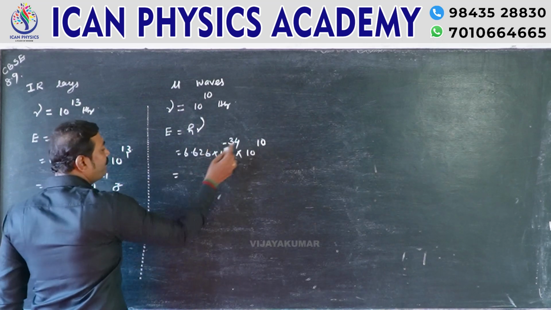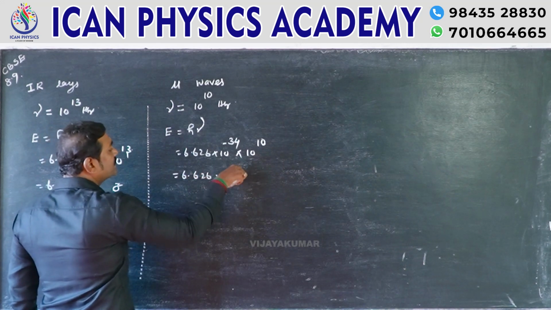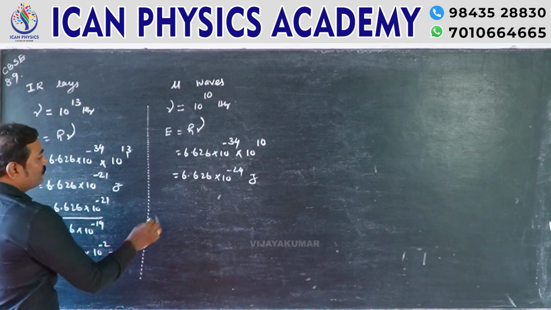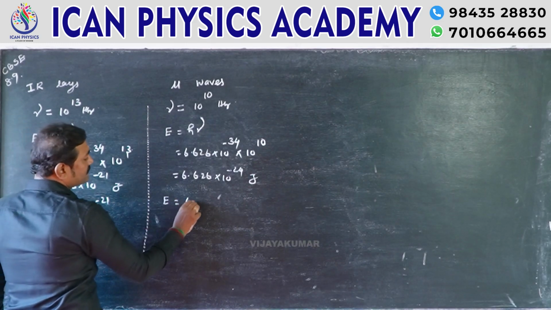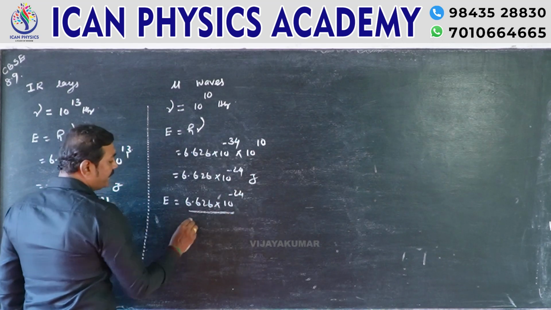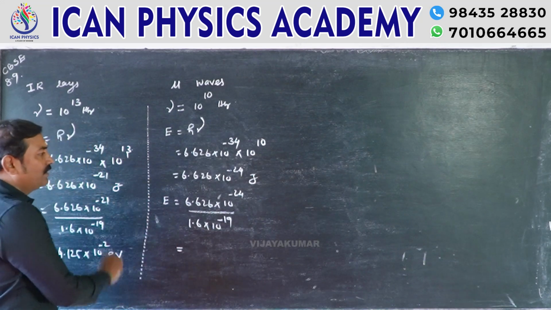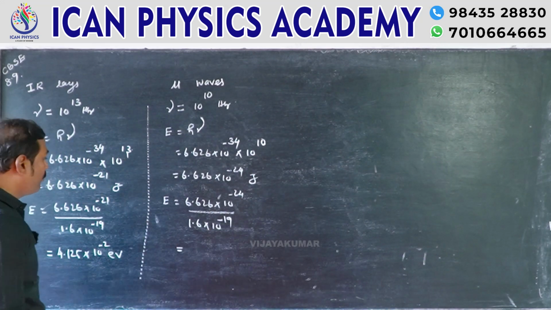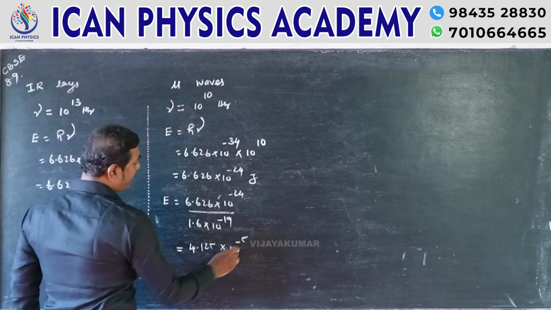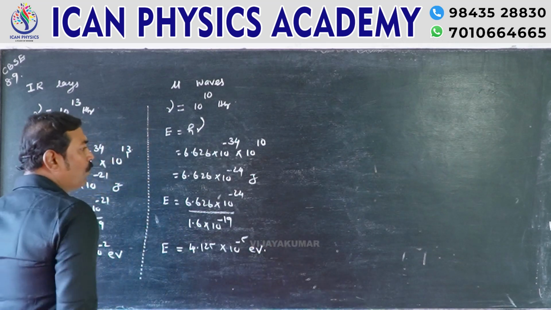So minus 34 plus 10, so 6.626 into 10 to the power minus 24, this much of joule. Now convert it into electron volt. So E equal to 6.626 into 10 to the power minus 24 divided by 1.6 into 10 to the power minus 19. So when we are dividing, we can get 4.125 into 10 to the power minus 5, this much of energy in electron volt.